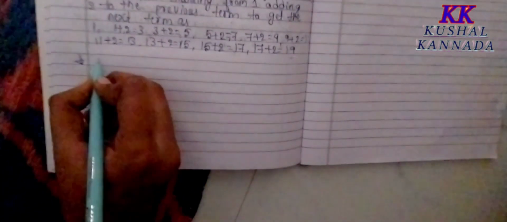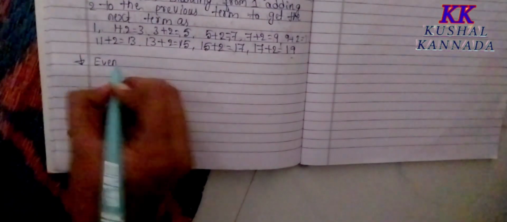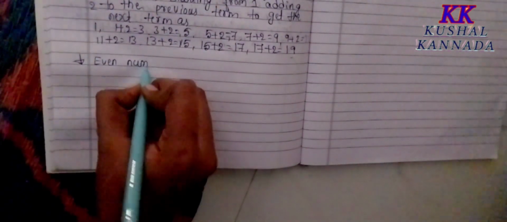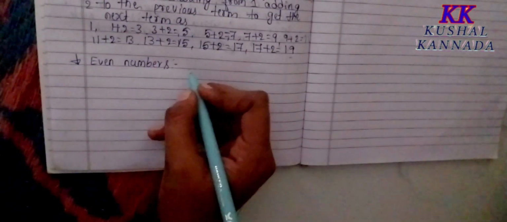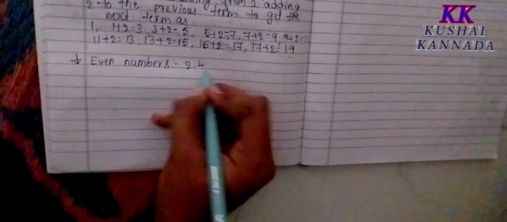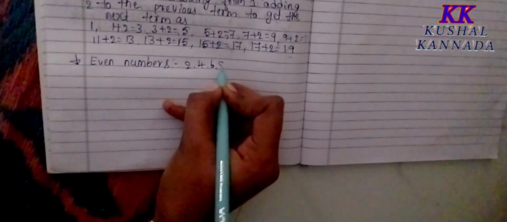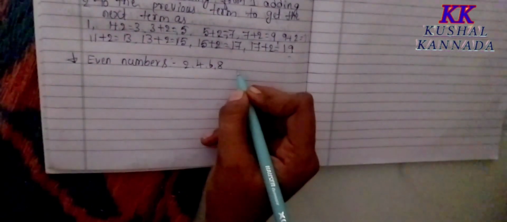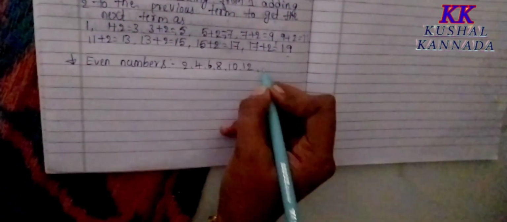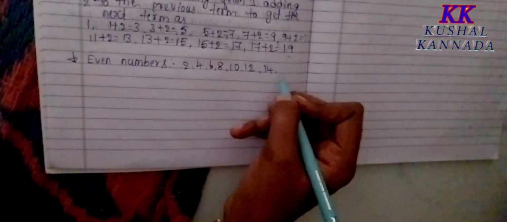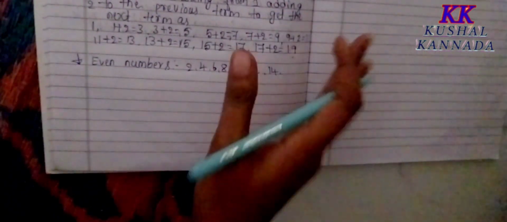Even numbers. Even numbers 2, 4, 6, 8, 10, 12, 14. I will write the next 3 numbers. Okay.